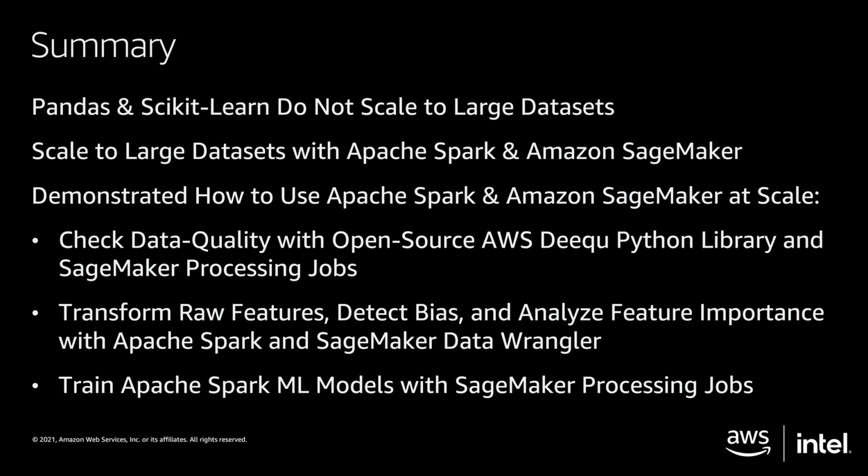We then looked at the importance of features, which helps us select features for training our models. All of that was done with SageMaker Data Wrangler with just a few clicks and small snippets of PySpark code. And the final demo was we used SageMaker processing jobs again to run Spark to actually train a Spark ML model and then generate recommendations for us.